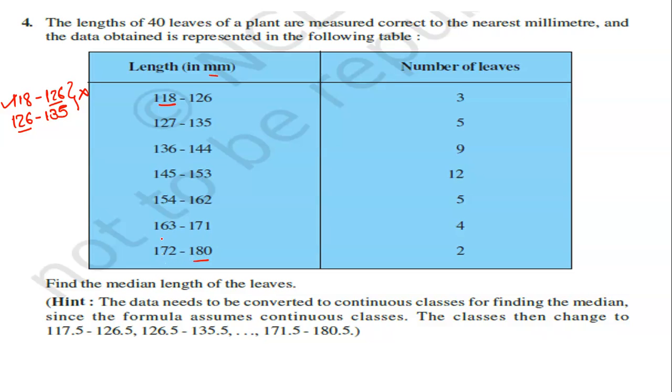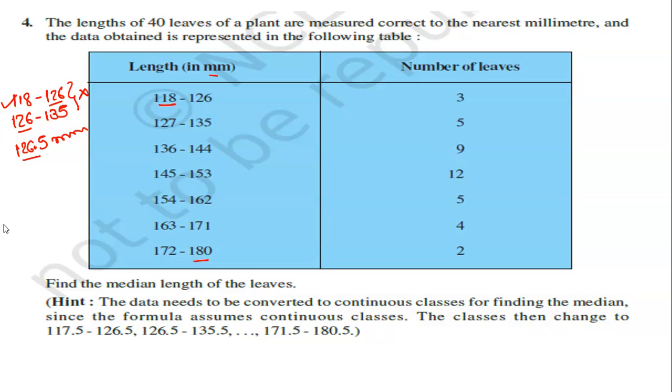It is also possible that some leaf's length can be 126.5 millimeters. Then in which class interval will you include this 126.5? One class goes up to 126 and the next begins from 127, so where will you place 126.5? This is the problem.